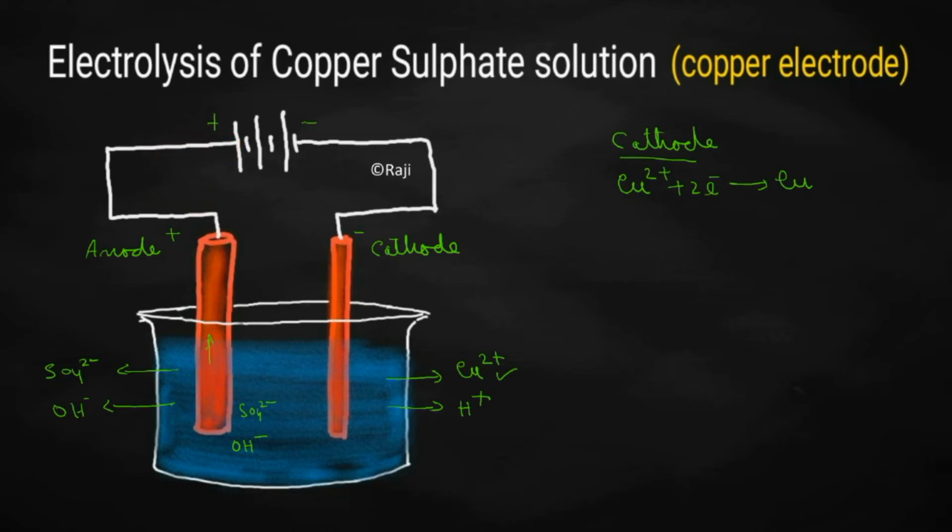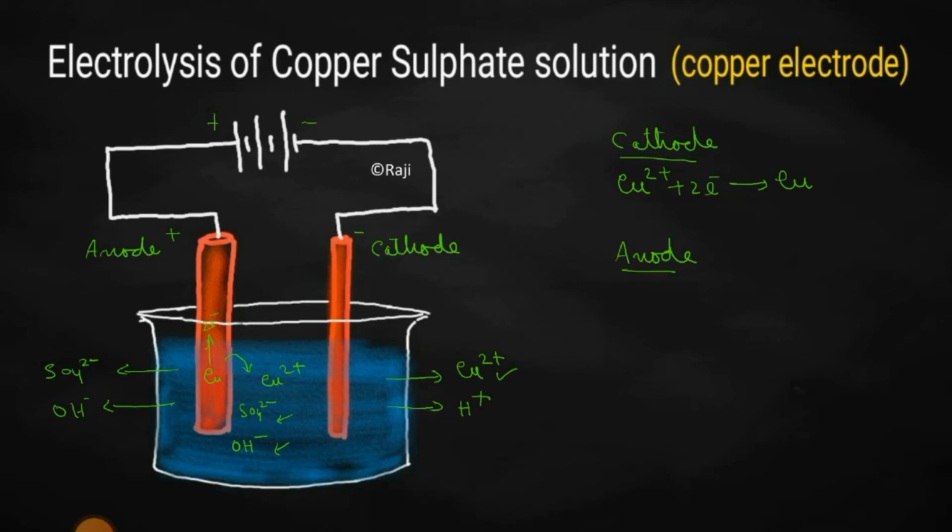Remember, a metal has more tendency to give away electrons than the anions present in the electrolytic solution. So what will happen? This copper metal will be giving 2 electrons away and will be coming into the solution as Cu2+ ion. These SO4 2- ions and OH- ions simply will stay there. It's of no use.